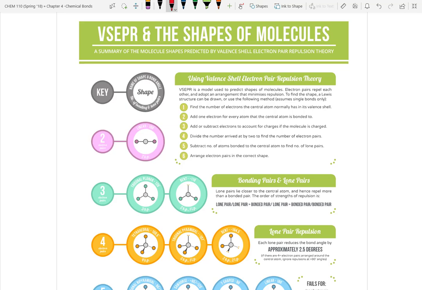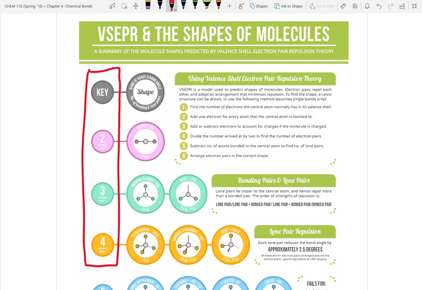So in this column right here, what this is basically telling you is the number of lone pairs and bonded atoms around a central atom. For example, if you look at the pink one, the number 2, you've got a central atom there.